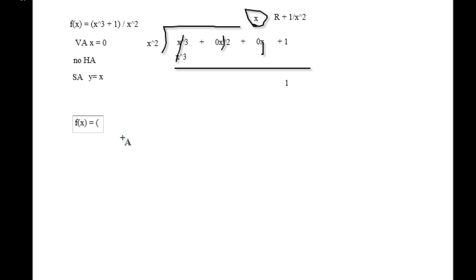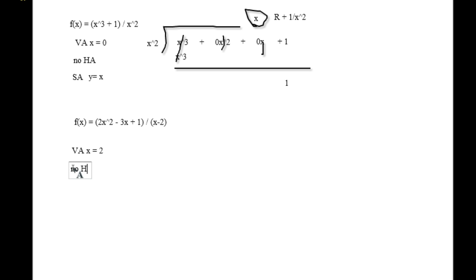We've got (2x squared minus 3x plus 1), in parentheses, divided by x minus 2. My vertical asymptote would be x equals 2, so that's pretty easy.